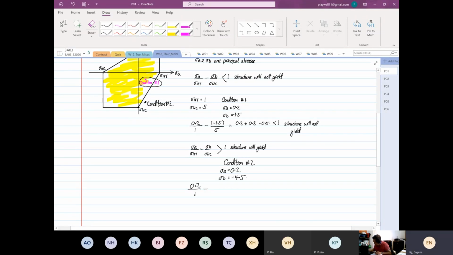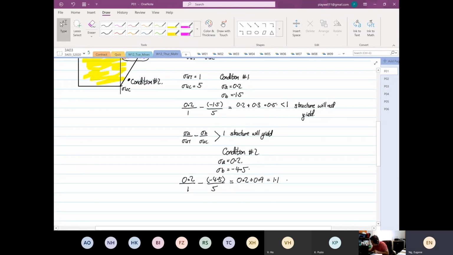So this is equal to 0.2 plus 0.9. Now this is equal to 1.1. So when this is the case, the value is greater than 1. So the structure will yield.